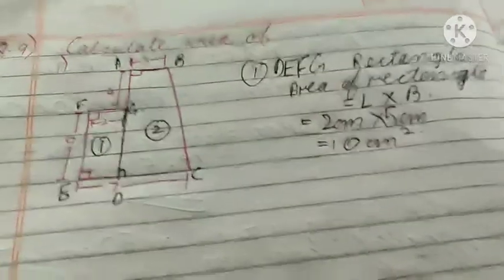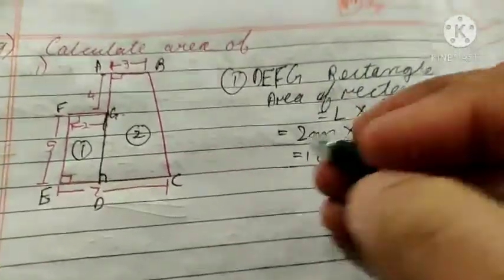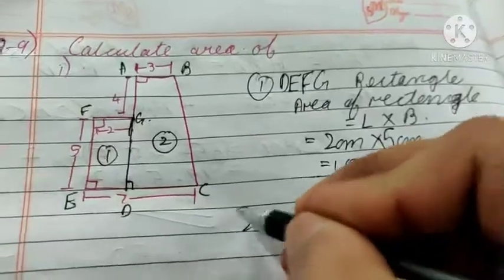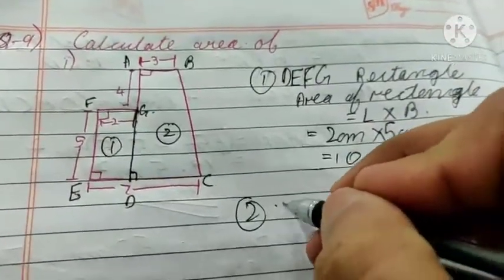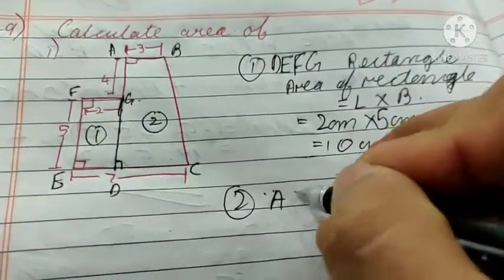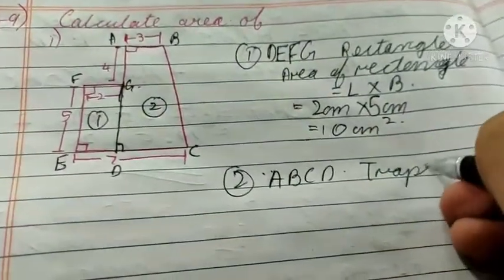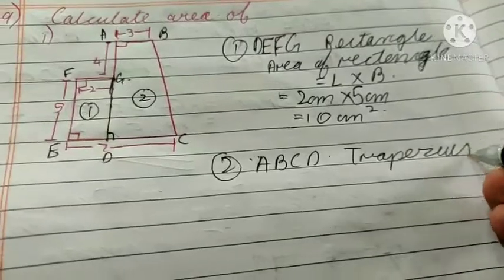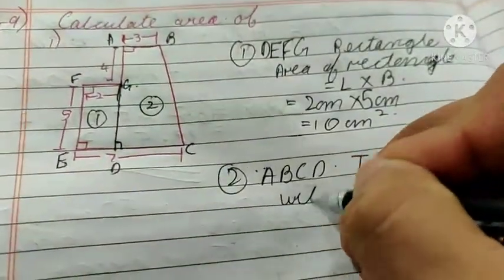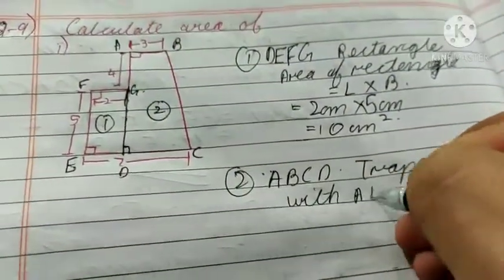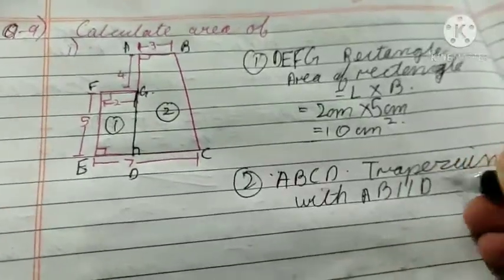So what next? Our next thing is the second figure, A, B, C, D trapezium, with AB parallel to DC.